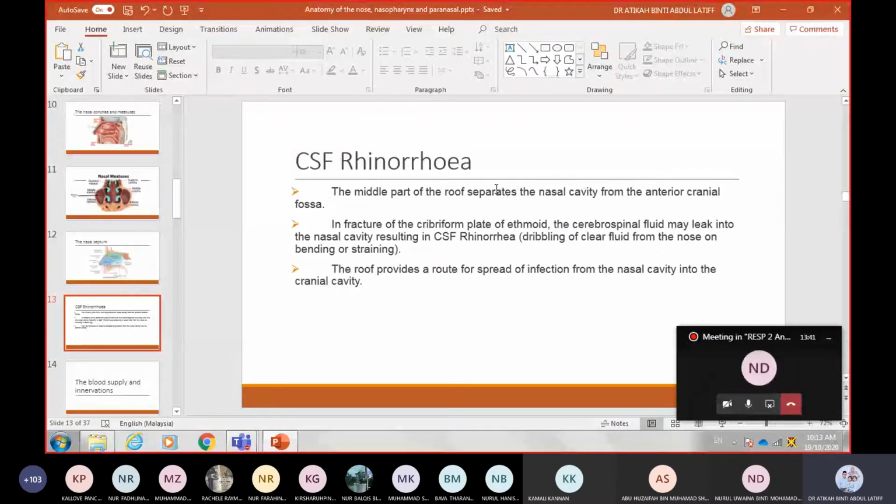Sometimes you can get CSF rhinorrhea. So did you read the news on a woman in the US? She had a nasal swab. You know, for COVID-19, you take the nasopharynx swab, right? But you have to go through the nasal cavity to get to the nasopharynx.